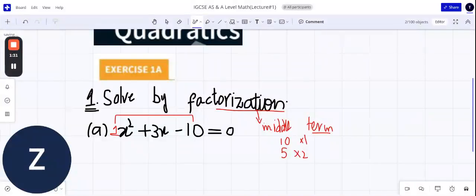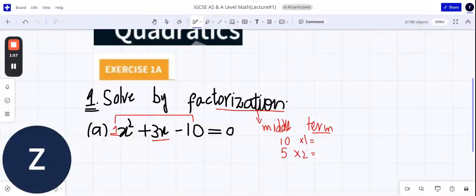Let's check which factors would be valid for this equation. Remember, the multiplication of the factors should be your last value, 10. But the addition or the subtraction of the two factors should be equal to the middle term. Here it is 3, the coefficient of x.